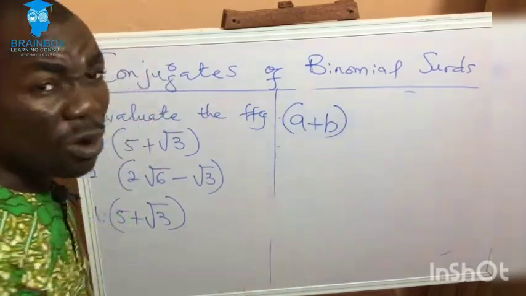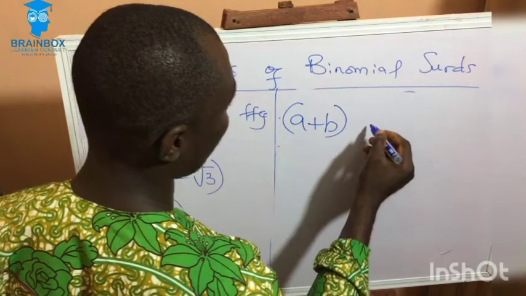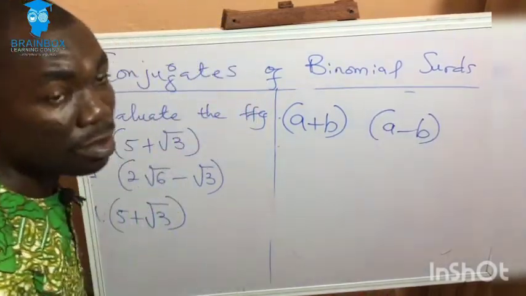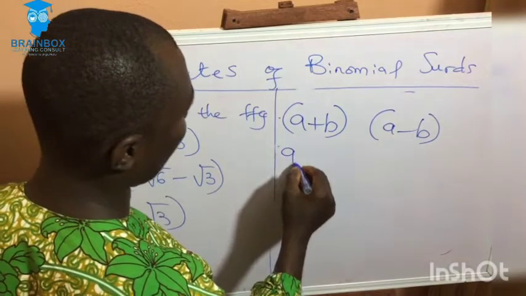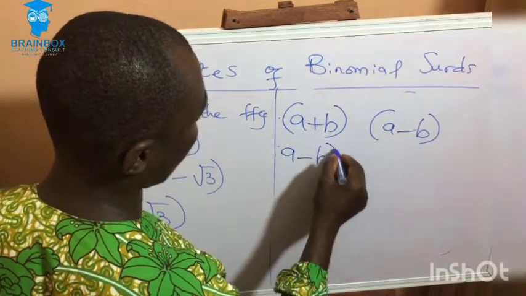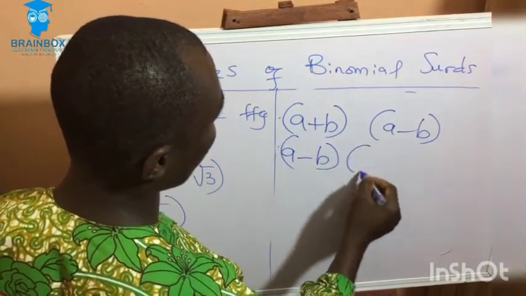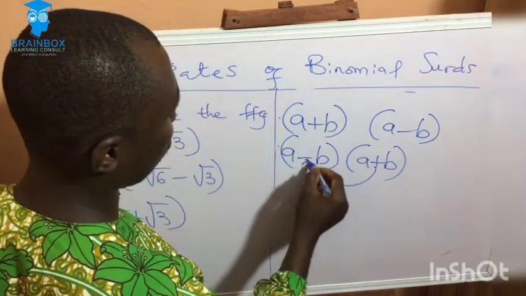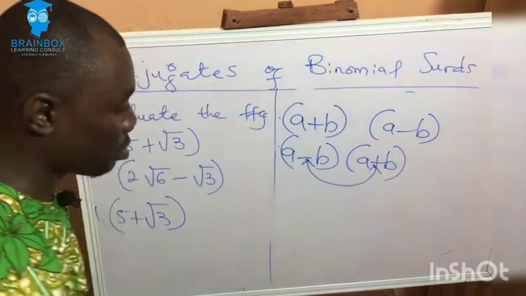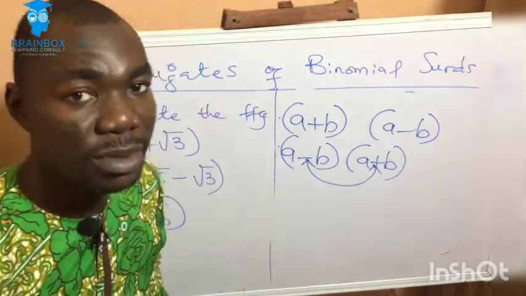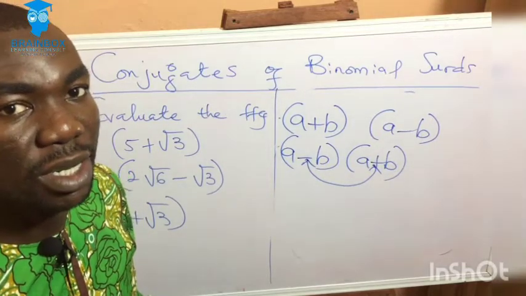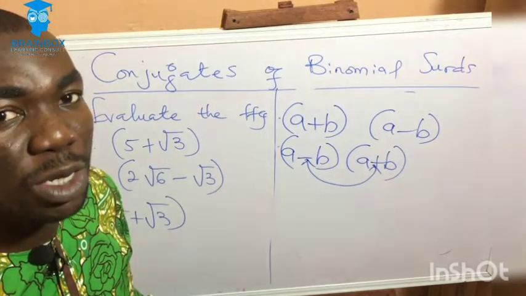The conjugate of a plus b is actually a minus b. So, if you have a minus b, taking the conjugate is actually a plus b. So, the opposite is that sign. So, the opposites are going to multiply themselves.